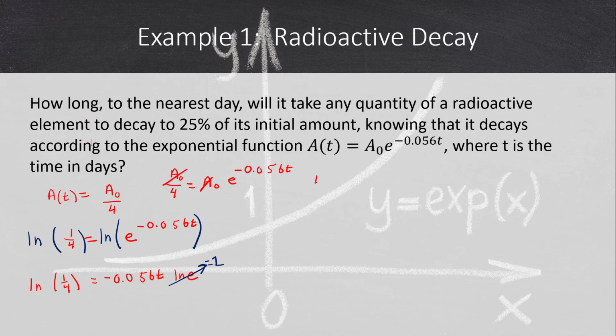Therefore, we will have that the natural log of 1/4 is equal to negative 0.056t. I can now divide both sides by negative 0.056.